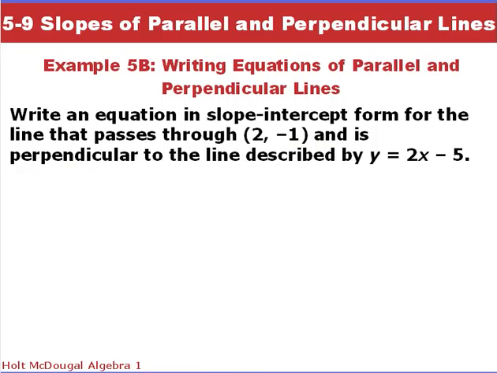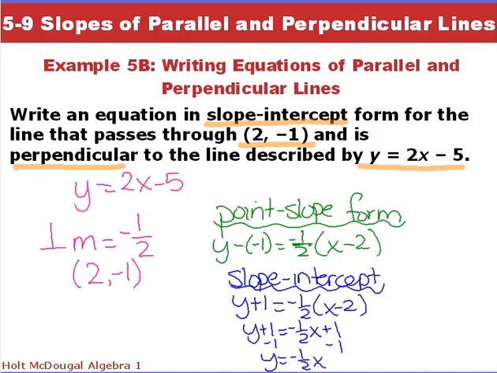Now let's write an equation again in slope-intercept form, which goes through this point, but it's going to be perpendicular to this line. So we start with our equation, y equals 2x minus 5, for the line. Now the slope that's going to be perpendicular to it is going to be the opposite reciprocal, or -1/2. And this symbol here means perpendicular, so our perpendicular slope.